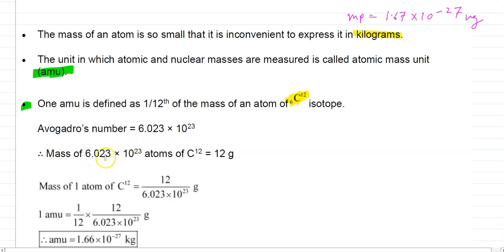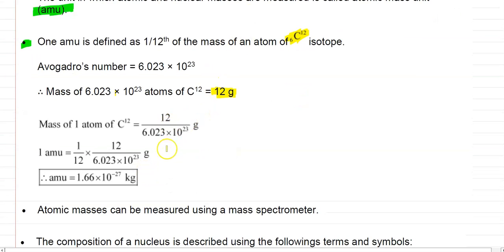The mass of 6.023 into 10 to the 23 atoms is 12 gram. So 1 AMU means 1 by 12 times the mass of C-12, which is near about 1.66 into 10 to the minus 27 kg. So this is called the atomic mass unit.